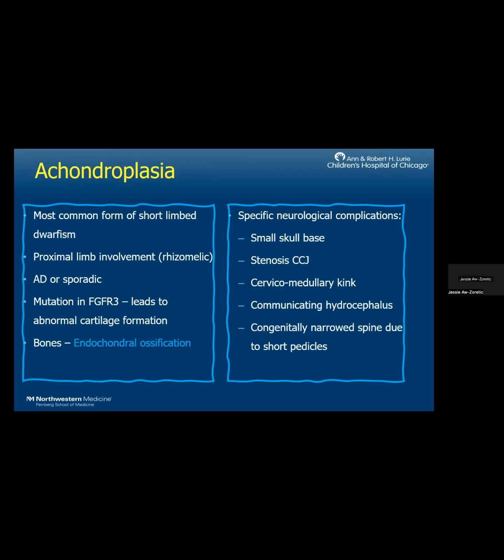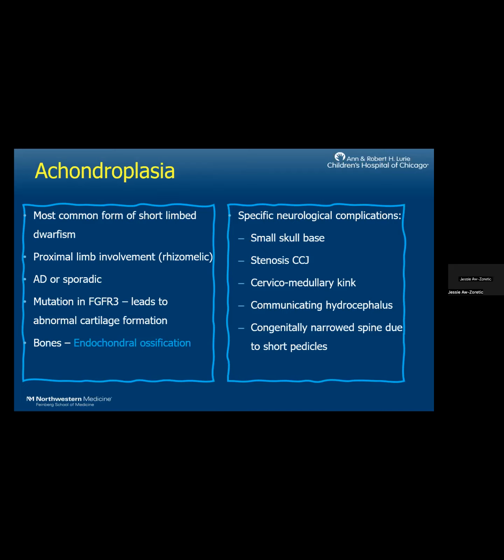So then you have these two differences, and because of this difference, that leads to the typical appearance of a very small skull base, where the skull base is not growing, but the rest of the skull is growing.